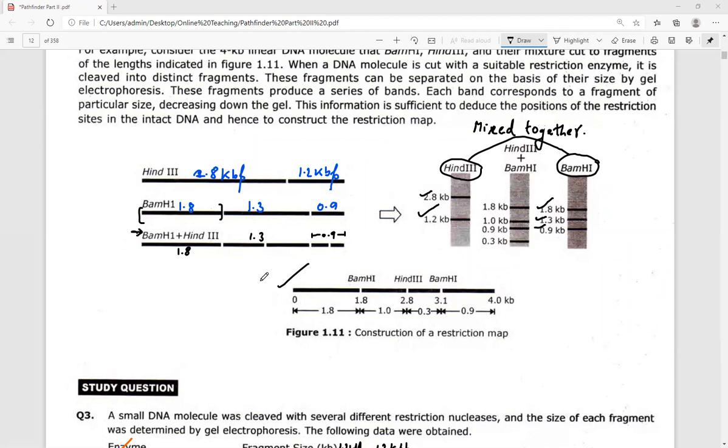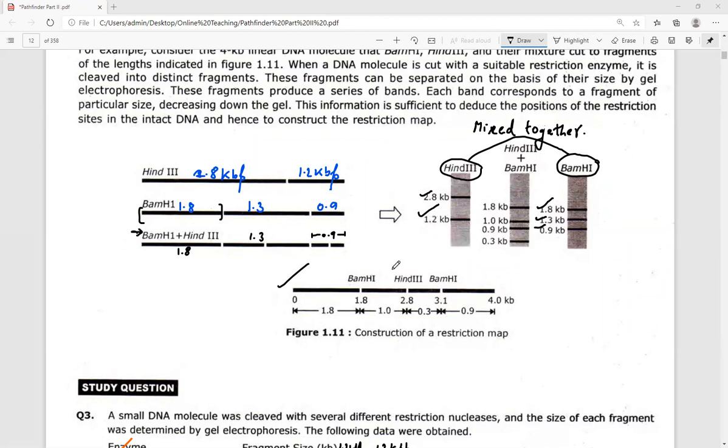Okay, now what we have to make is restriction digestions. Okay, now how restriction digestion has to be made? So when you make the restriction digestion with HindIII and BamH1, HindIII produces a fragment which is equivalent to 2.8, and another fragment which is being produced is that of 1.2. See this.